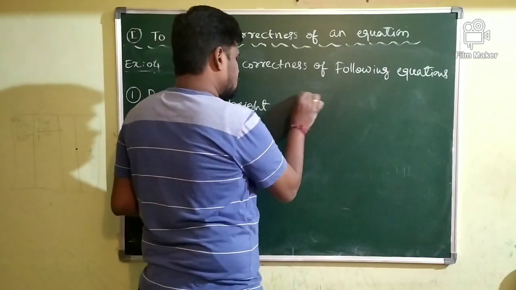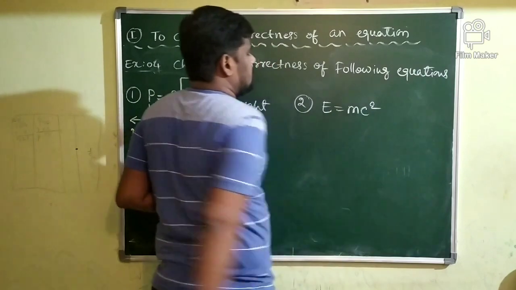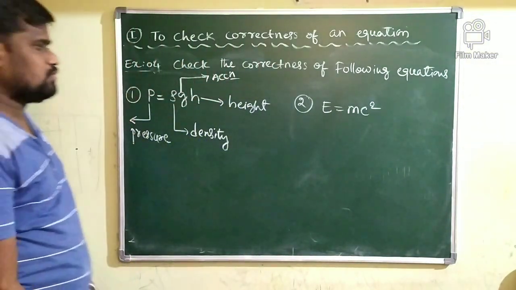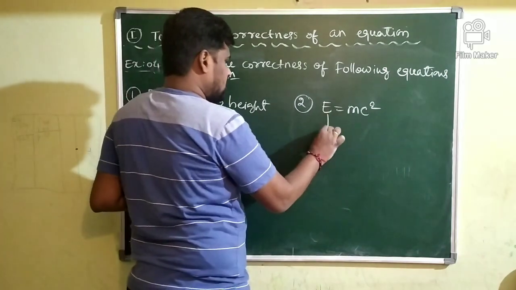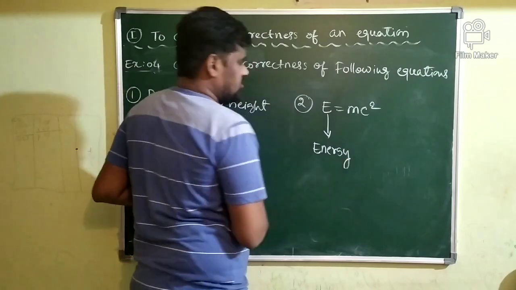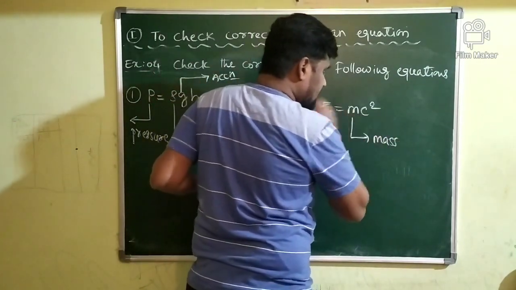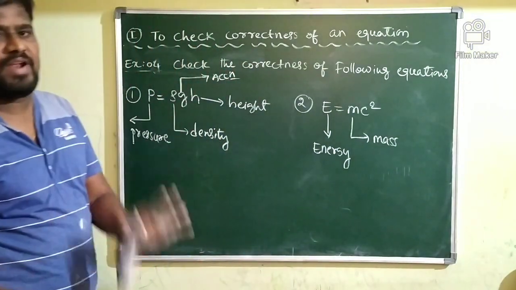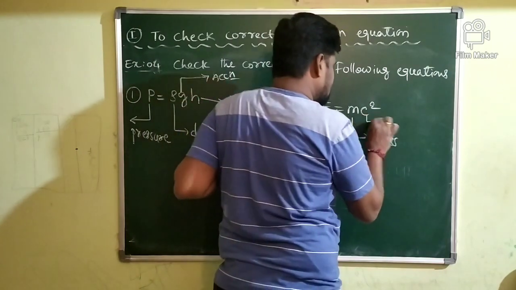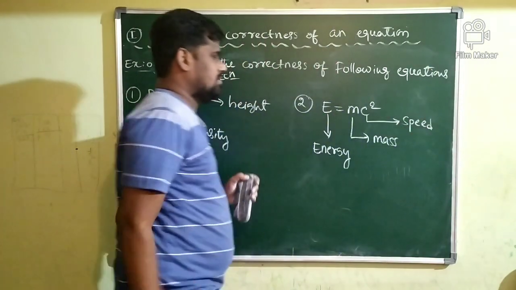Second one, E is equal to mc square. Check the correctness of E is equal to mc square. What is E here? E stands for energy, M stands for mass, and C stands for speed of light, or simply I will call this speed.